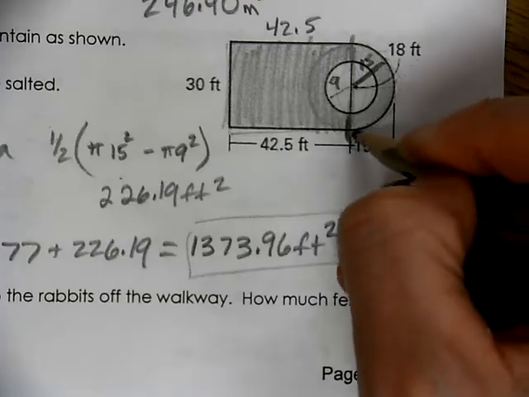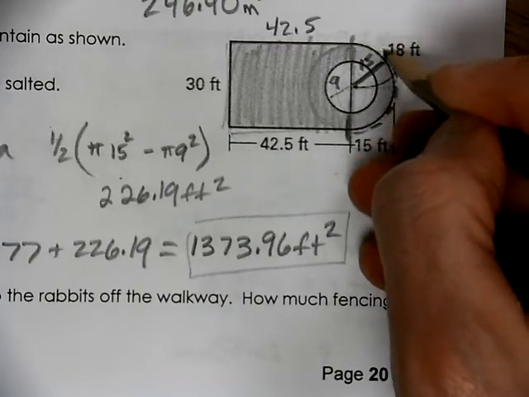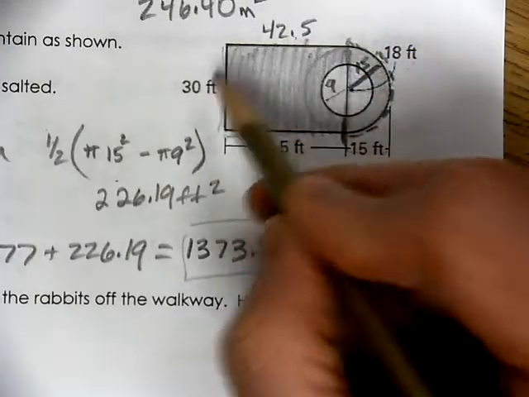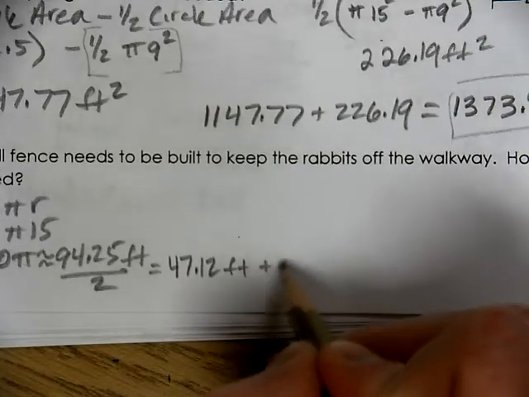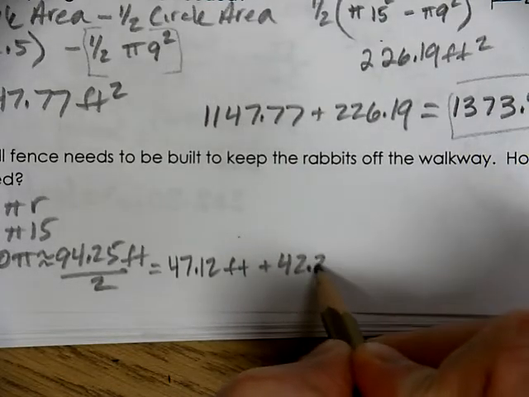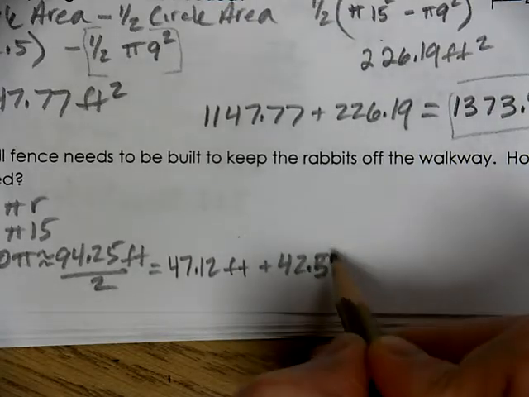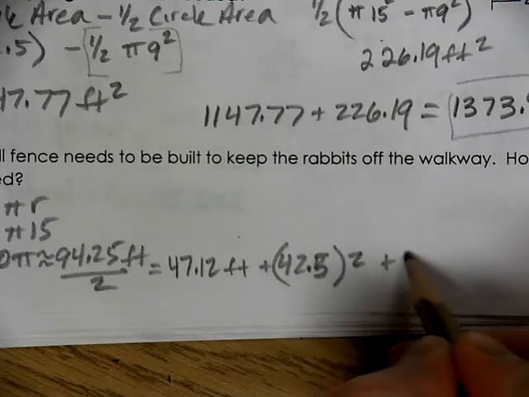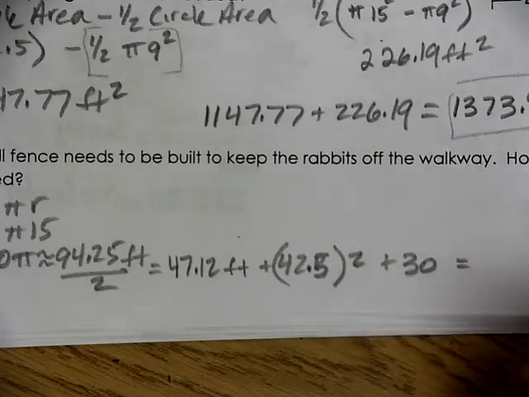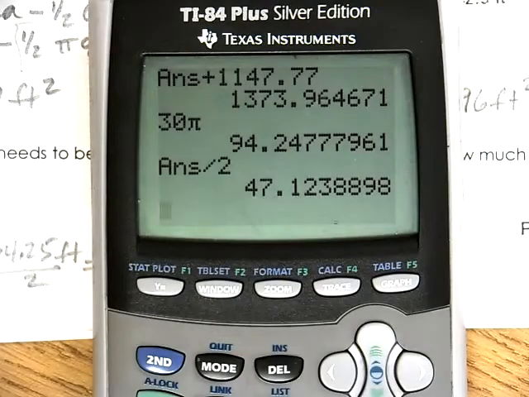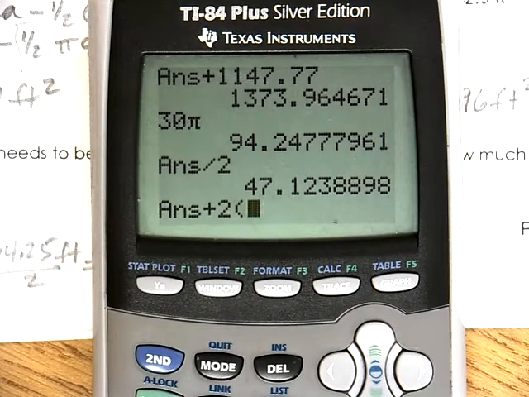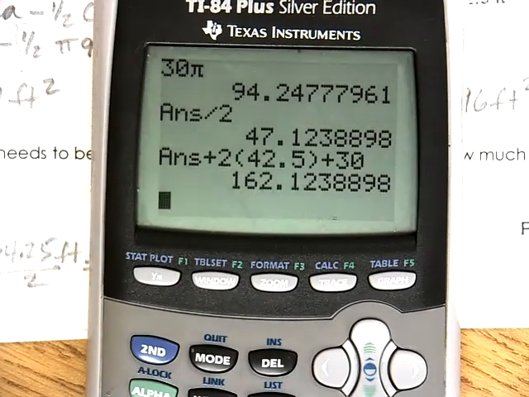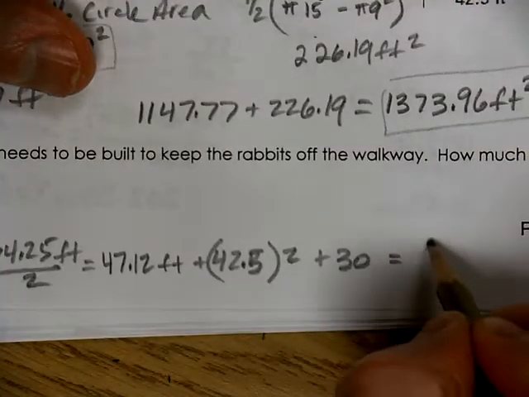That's the amount that this gives us. 47.12 is the curve part. Now we have to add the two 42.5s and the 30. So we'll add 42.5. We'll do that twice, not squared, but times 2. And we'll add 30 to that. So we're going to take our answer and add 2 times 42.5 and add the 30. Gives us 162.12.